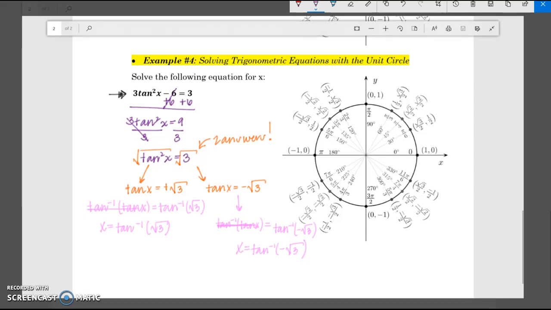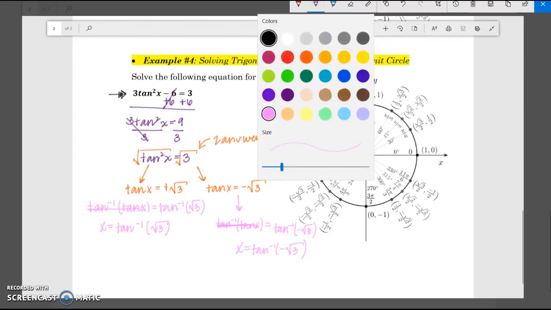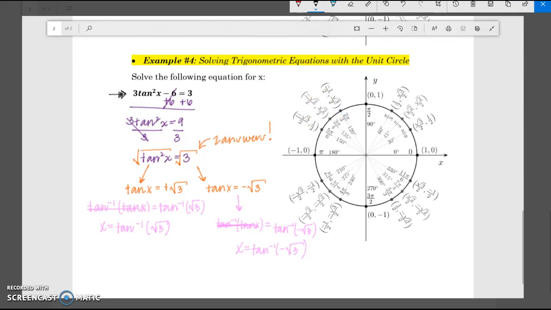Inverse tangent of positive root 3, inverse tangent of negative root 3. So this is where our tangent identity comes into play. So remember that sine of x divided by the cosine of x is what gives us the tangent of x. So I'm looking for a tangent value of root 3 and minus root 3.